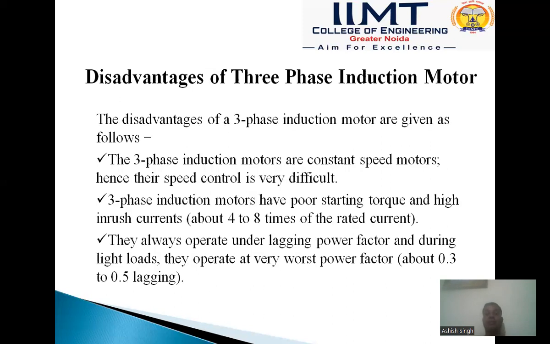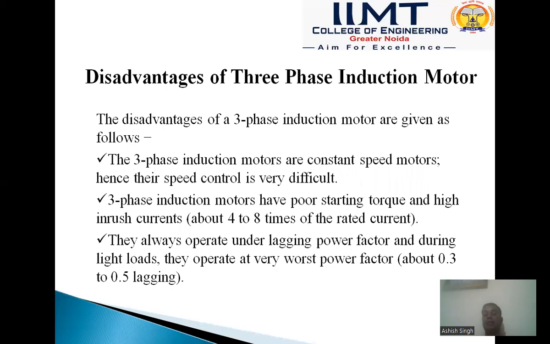Disadvantages of three-phase induction motor. The following are the disadvantages. Three-phase induction motors are constant speed motors, hence their speed control is very difficult. We cannot vary speed very easily according to our requirement. Three-phase induction motors have poor starting torque and high inrush current.